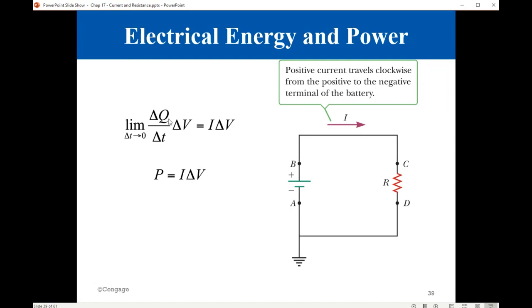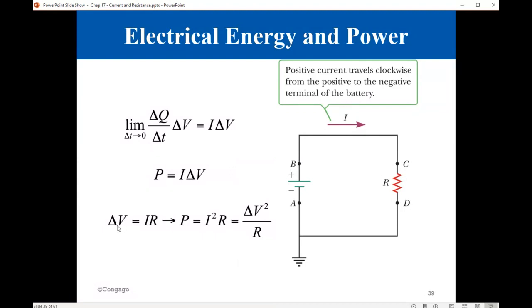So now we know that delta Q times delta V is energy. Divide energy, potential energy, by time, you get power. So power is equal to I delta V. So you need the current I multiplied by the voltage drop between C and D in order to calculate the electric power.